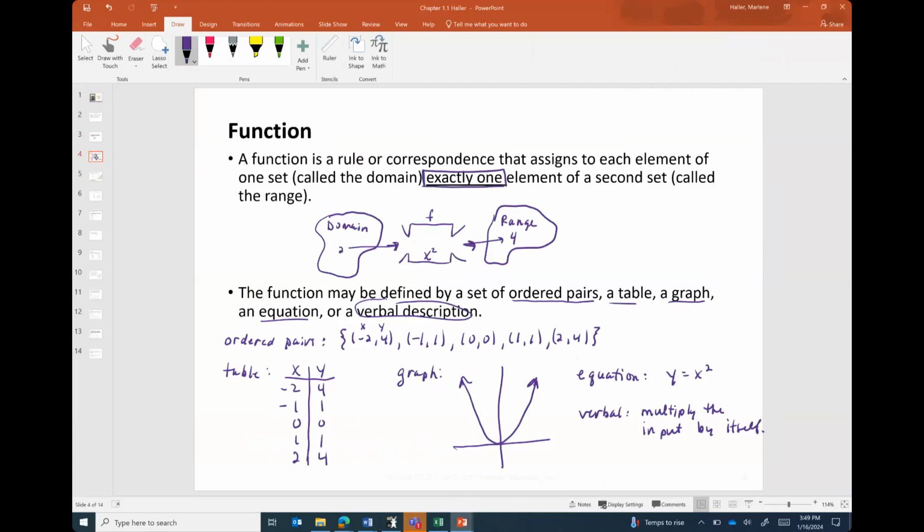It tells us that whenever I pick some element of the domain, whatever it is, it's only going to correspond to only one element in the range. I like to think of functions as being trustworthy. If I pick an element from the domain and apply the function to it, I can trust that the output I'm going to get is only one value. There's not going to be more than one.